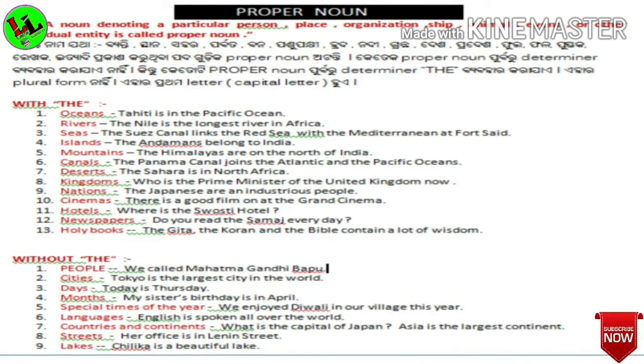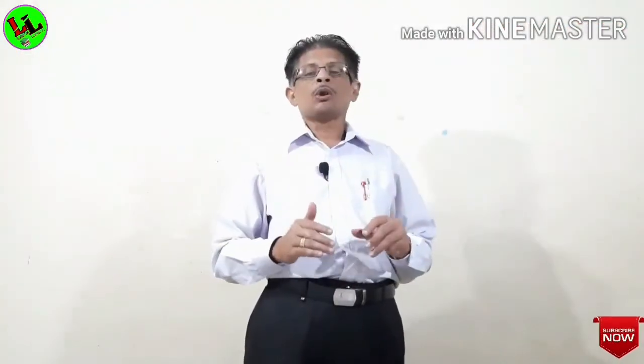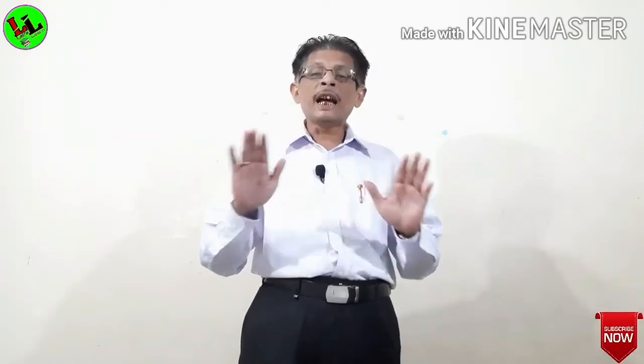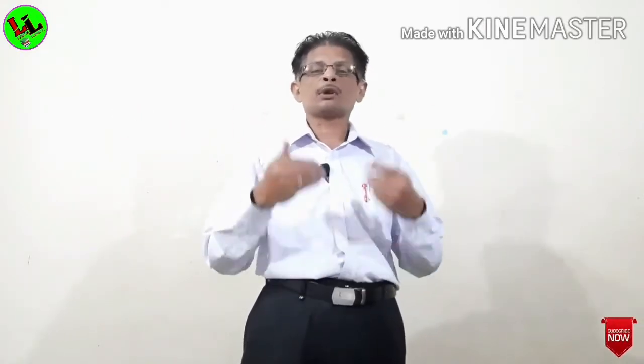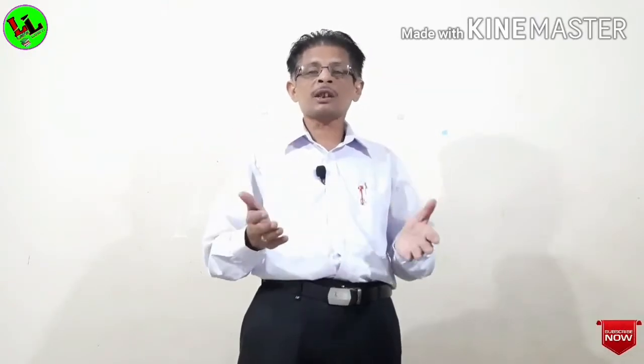There are some determiners, and a determiner like the is used before some proper nouns, and it has no plural form. So you see, proper noun refers to names, only names of things, names of places, names of persons, names of books, etc.